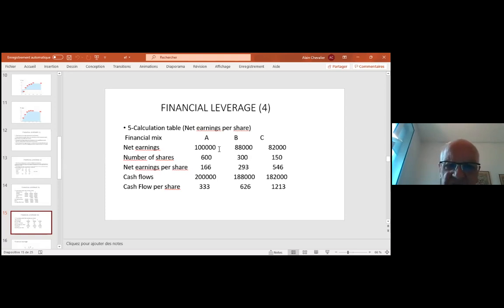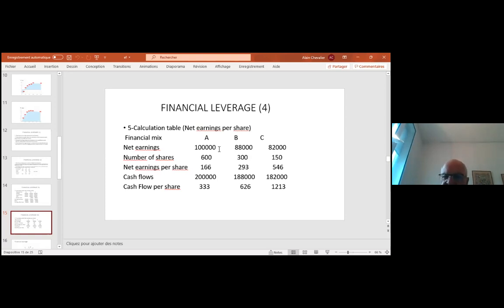What does it mean? In absolute value, the net earnings and cash flows of the firm are declining when you increase the level of debt.